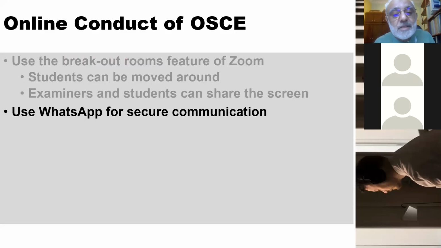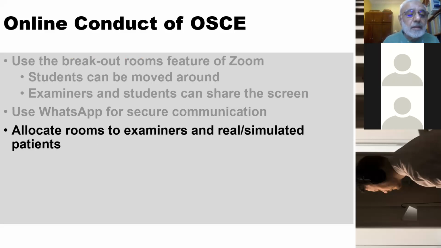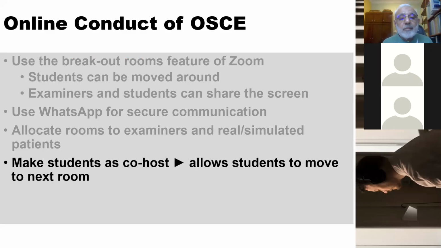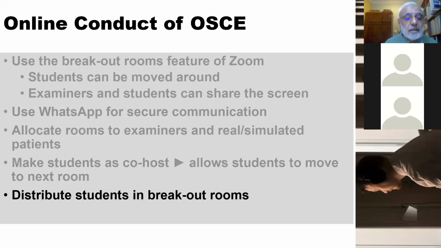And we use WhatsApp for secure communication, and allocate rooms to examiner and real or simulated patient, as I said earlier, and make student co-host, because making student co-host then allows them to move to the next room, and they distribute students in breakout rooms.